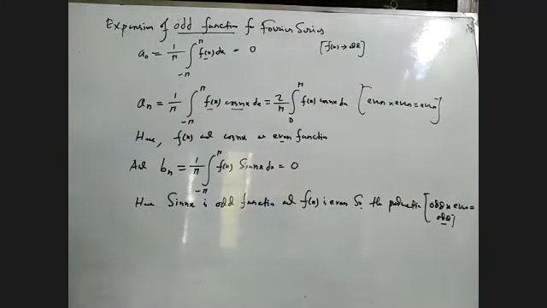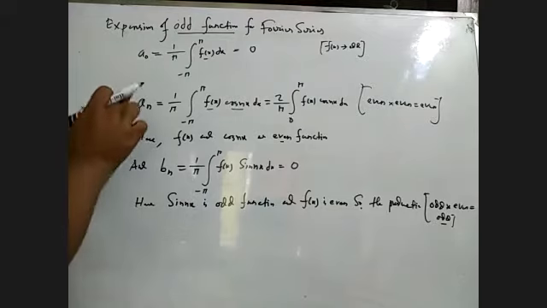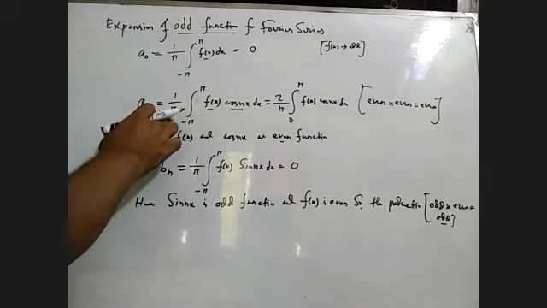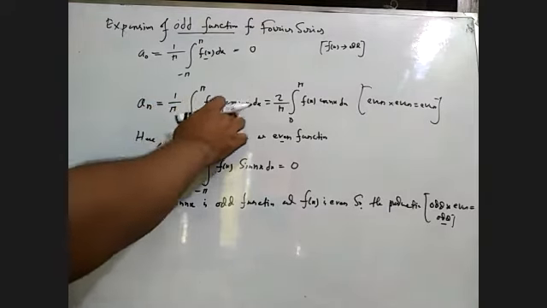And the other cos coefficient for n greater than 0 equals 1 by pi, integral from minus pi to pi of f of x cos nx dx.